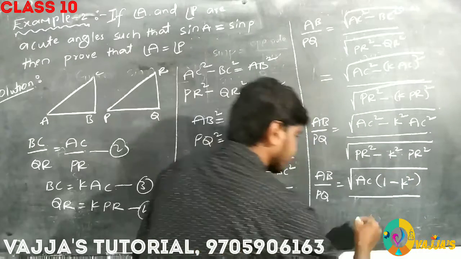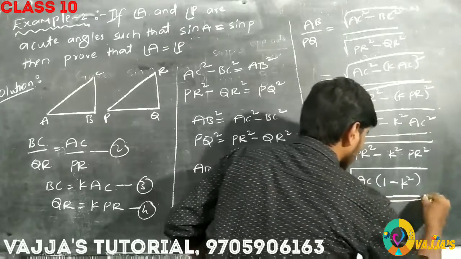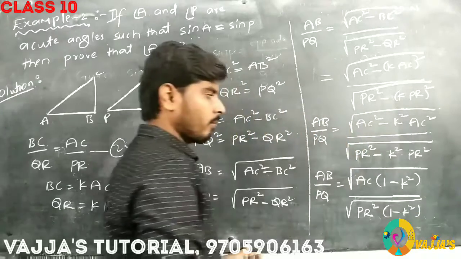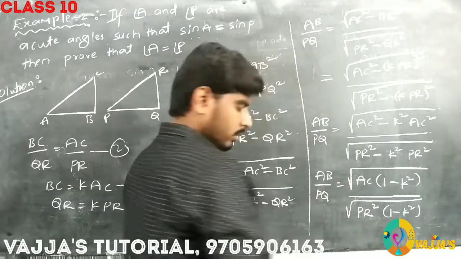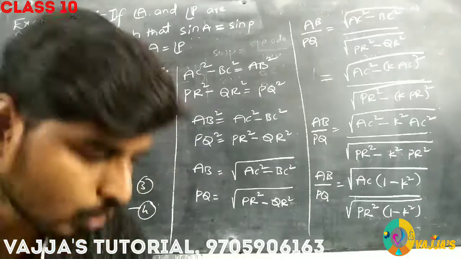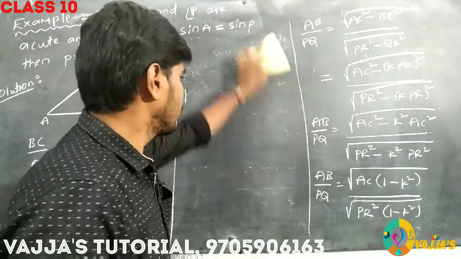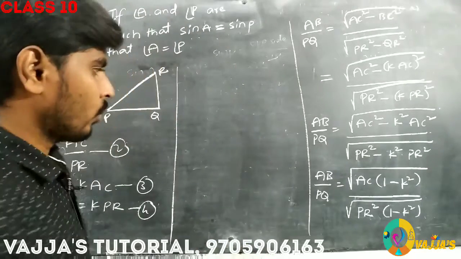Taking PR square common here, the root as it is, it becomes 1 minus K square. Okay, so look at here. There is no sufficient space, so I will rub this.